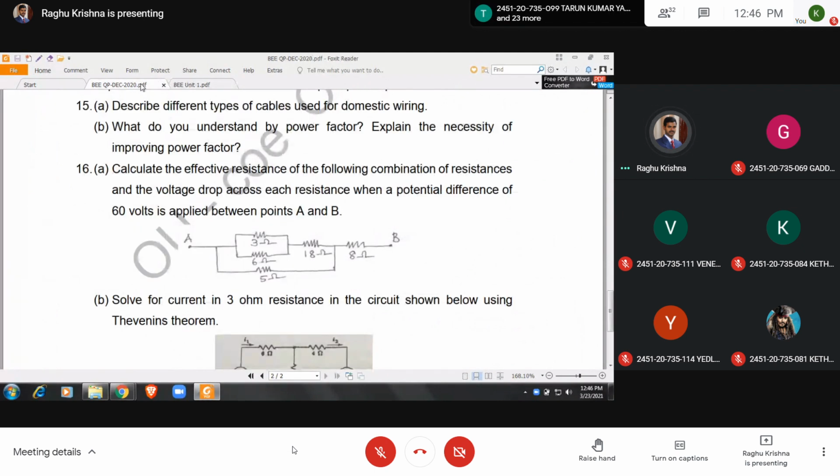Once again check. See here, 3 and 6 are connected in parallel, and this combination is in series with the 18 ohms.